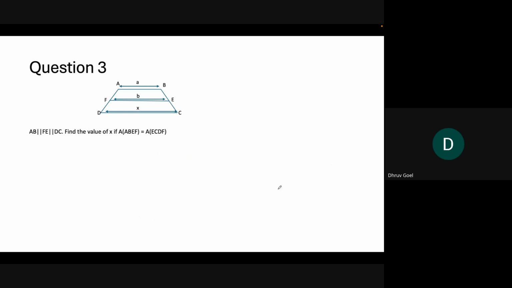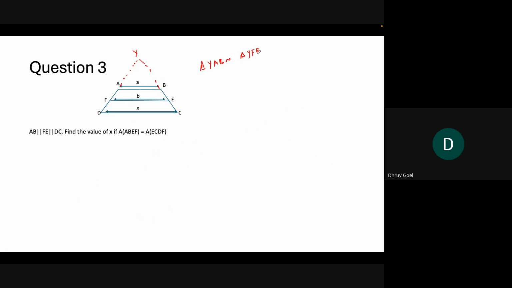Now, again, I'm finding the parallel lines. So what I'll do, I'll try to extend it like this, and I'll keep this point as Y. As I said, parallel lines, I don't have to prove whether these triangles are similar or not. I can easily prove them. So, can I say triangle YAB is similar to triangle YFE?